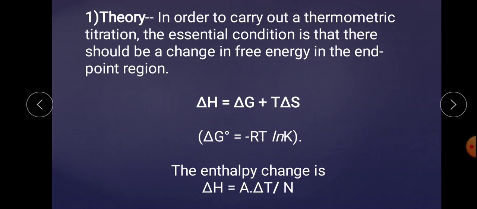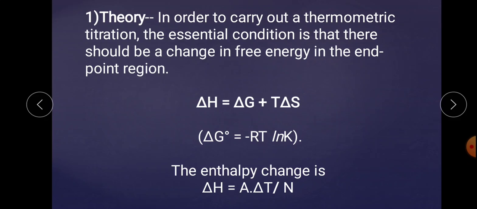So A depends on two things, and it is nothing but the addition of the effective heat capacity of the titration cell plus reactant solution, with a unit of kilocalories per degree Celsius. This is all about the theory of thermometric titration.